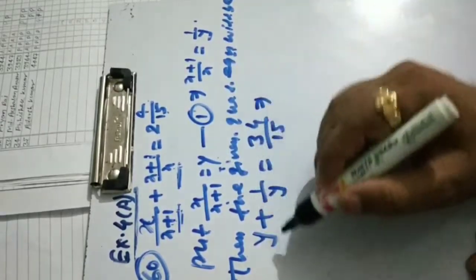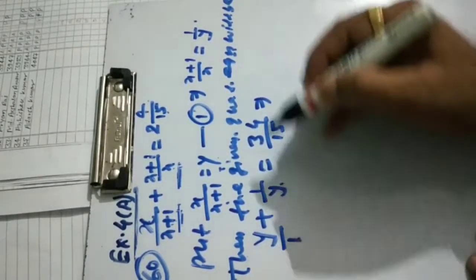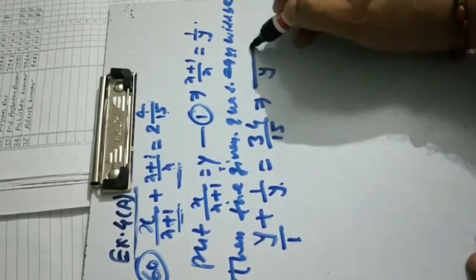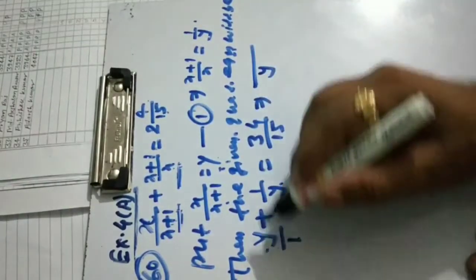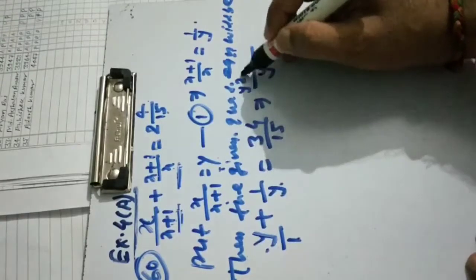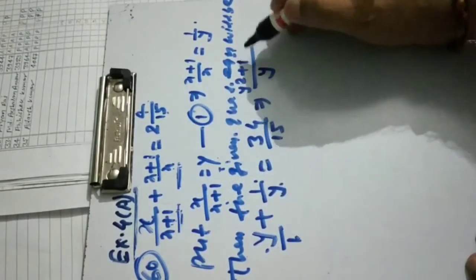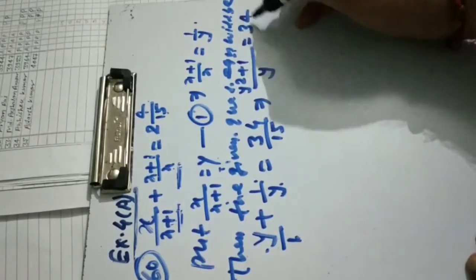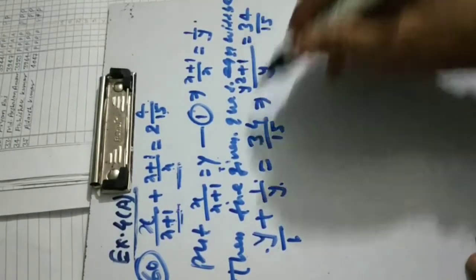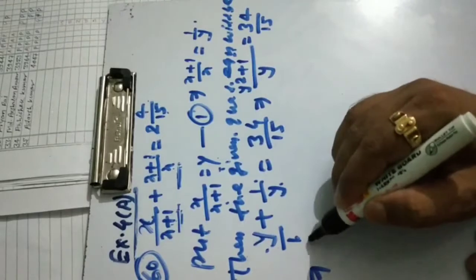Now let us take the LCM of this, 1 and y will be y, then y multiplied by y will be equal to y square, plus 1 multiplied by 1 will be equal to 1, is equal to 34 upon 15. Now let us cross multiply it.